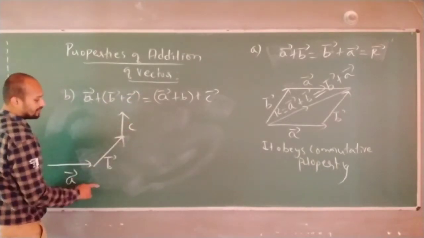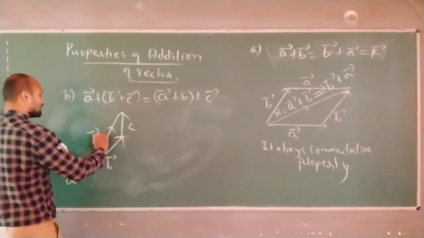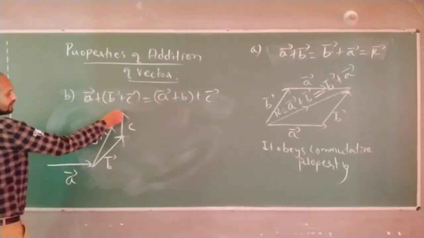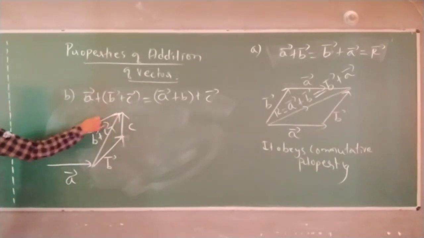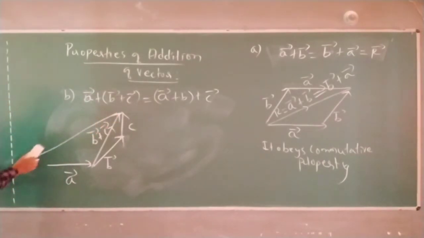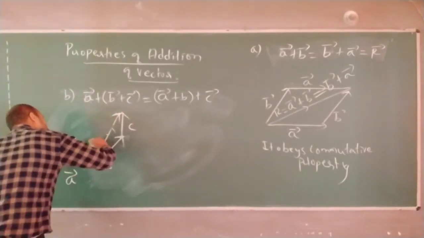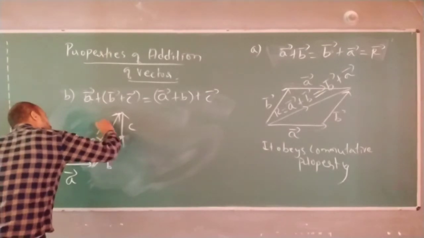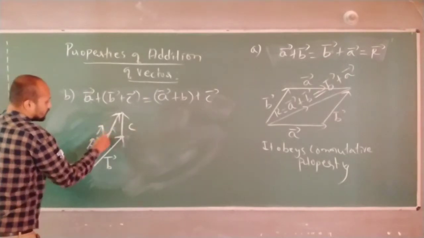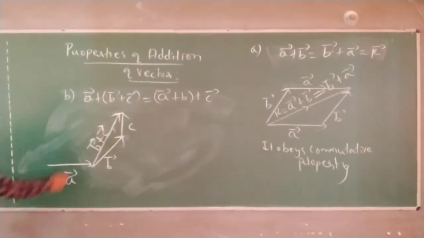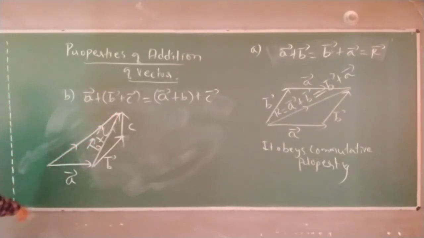See here, from triangle of addition of vectors, what is this vector? This is B plus C vector. Correct? This vector is B plus C. If this vector is B plus C, what is this vector?